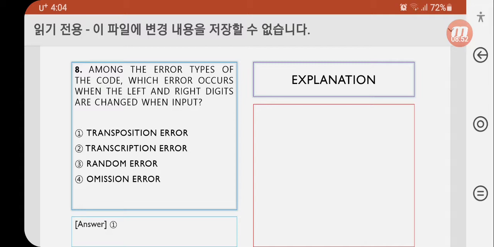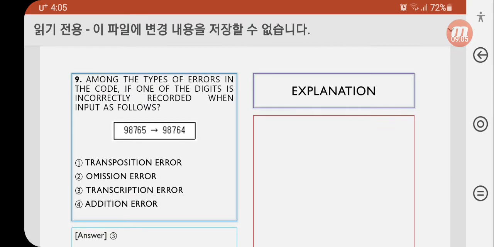Among the types of errors in the code, if one of the digits is incorrectly recorded when input as follows. Original input data is 98765, but we enter the wrong data, 98764.